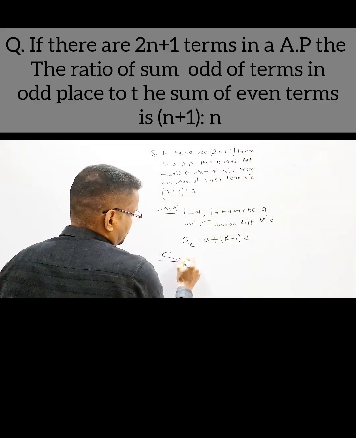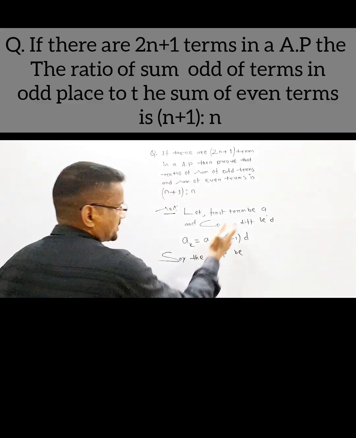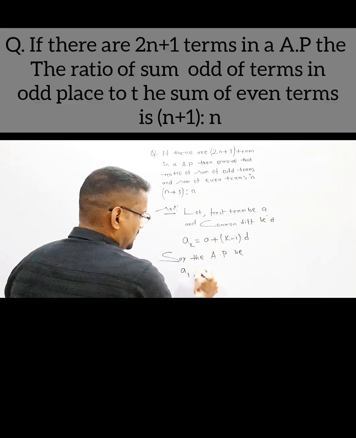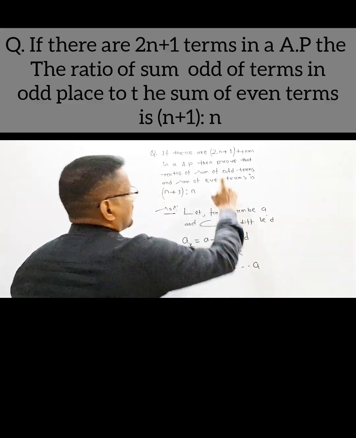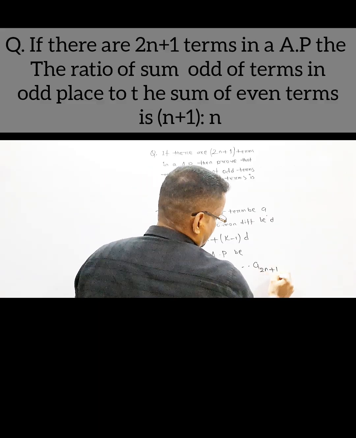Say the AP, arithmetic progression, has first term a, but for our convenience we will write a1, then a2, a3, and so on up to how many terms? 2n plus 1. So here it will be a_(2n+1).